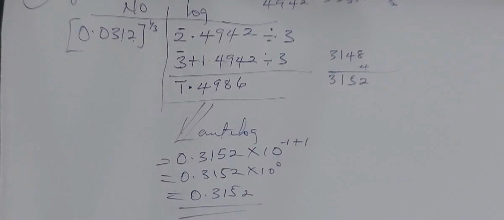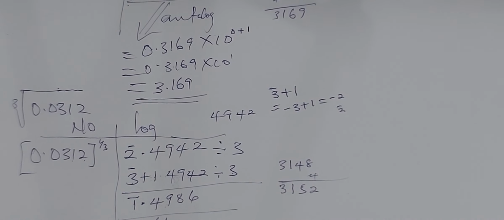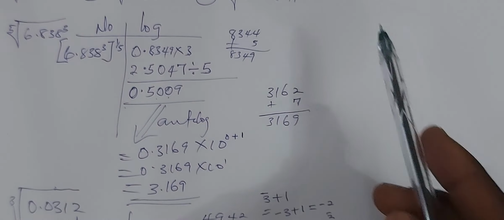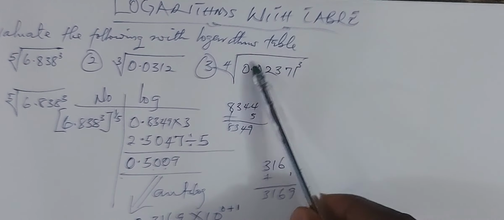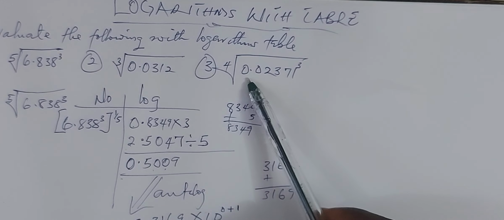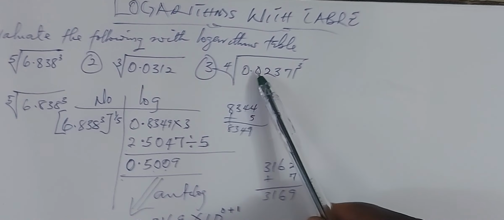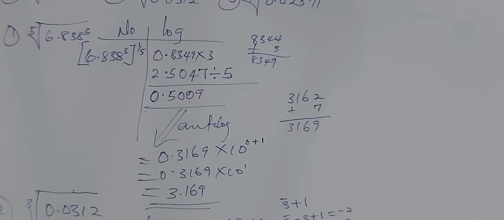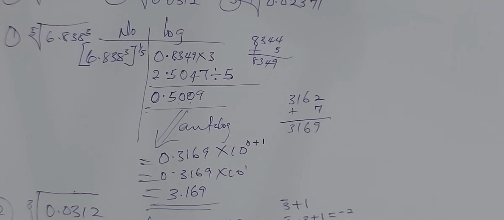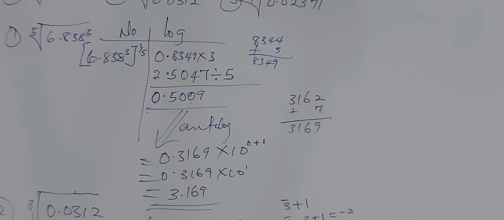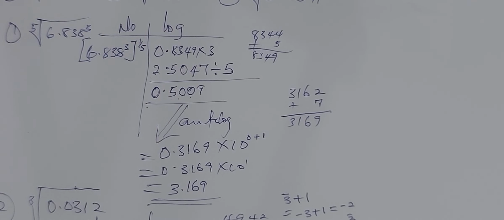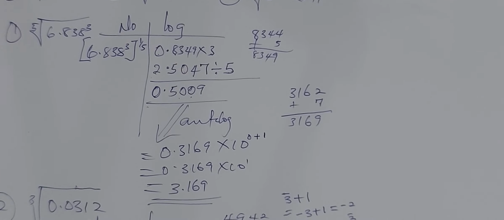So let's solve the next one, which is the last number. We have the fourth root of 0.02371 raised to the power of 3.